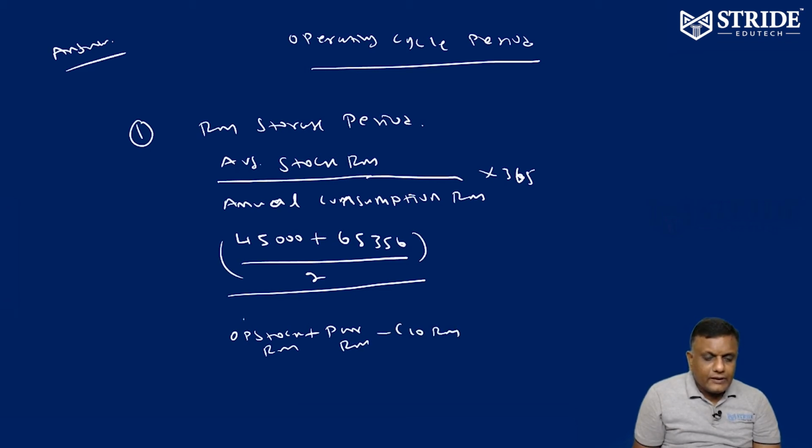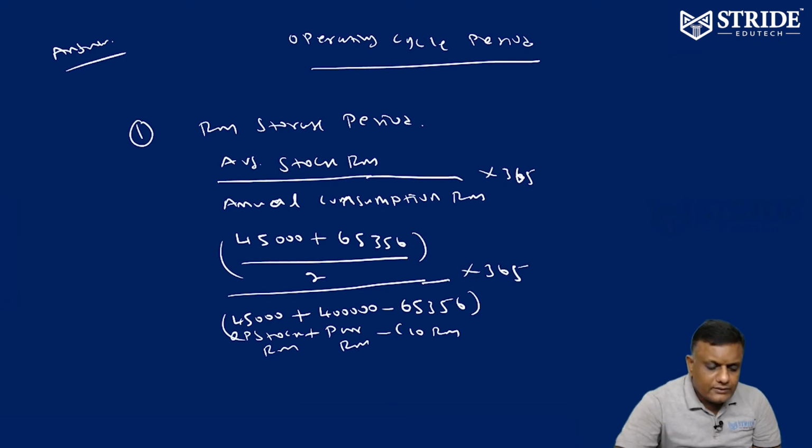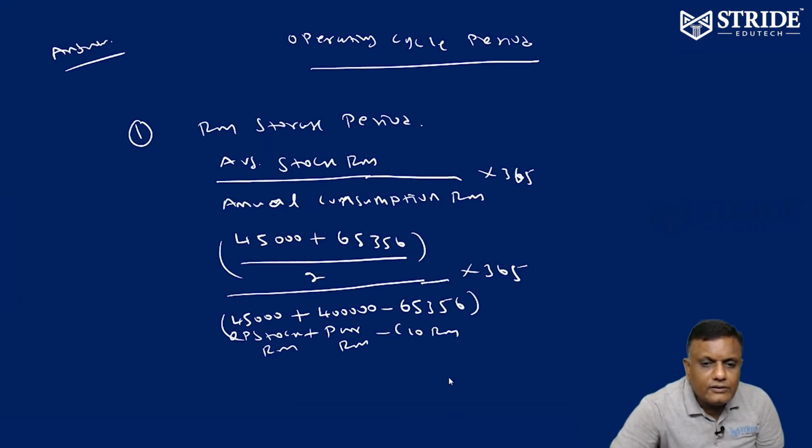That is 45,000 plus 4 lakhs purchase minus closing RM 65,356. This is annual consumption, into 365.